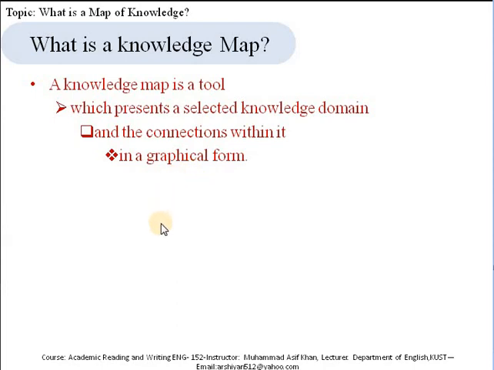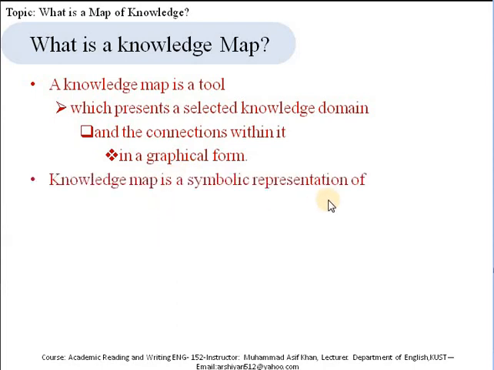Basically, a knowledge map is a symbolic representation of a selected knowledge domain. When we are trying to represent some discipline or branch of knowledge, this knowledge map is a symbolic representation.